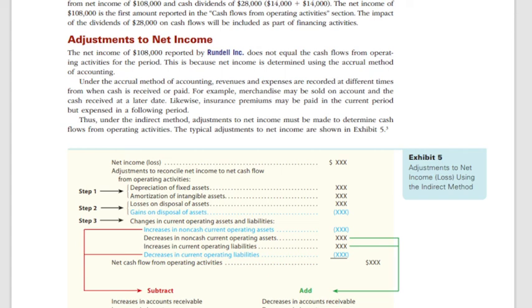So, kung nangutang ka, meron kang na-receive na cash. So, ibig sabihin, it is proper for you to add a cash component. Next, the decreases in current operating liabilities, itong naka-red, edi yung kabaliktaran, kapag nag-decrease yung current liabilities, ibig sabihin, nagbayad ka, kaya bawasan mo. And then, you will arrive at your net cash flow from operating activities.